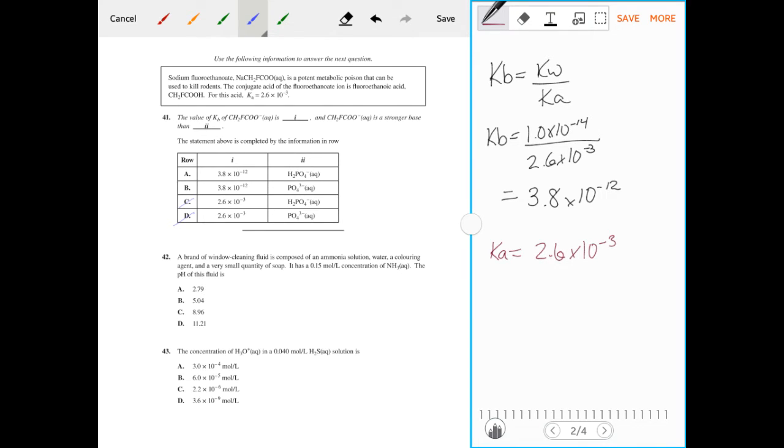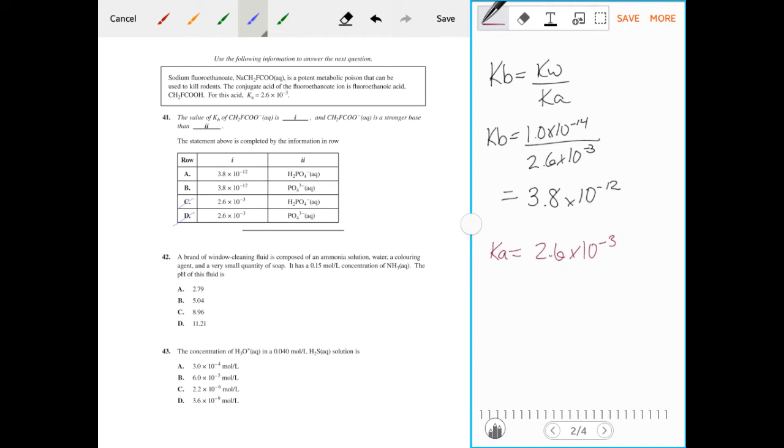And when I look at my Ka for H2PO4, the Ka is equal to 6.2 times 10 to the negative 8. Now I'm getting that off of my data booklet here, okay? So when I just take a look at my chemistry data booklet, I see that my Ka of my H2PO4 is, oh, sorry.